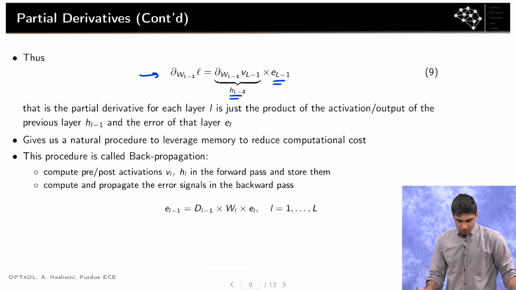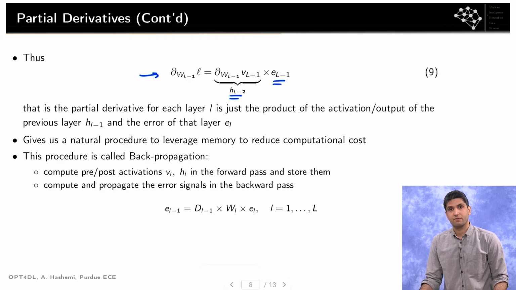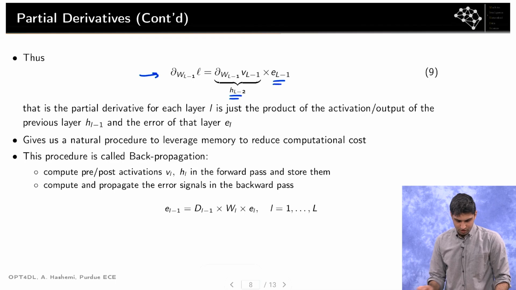As I mentioned, this gives us a natural procedure to leverage memory, meaning we calculate certain quantities and store them in memory for the sake of reducing the computational cost of calculating the gradient. And this procedure is called backpropagation.